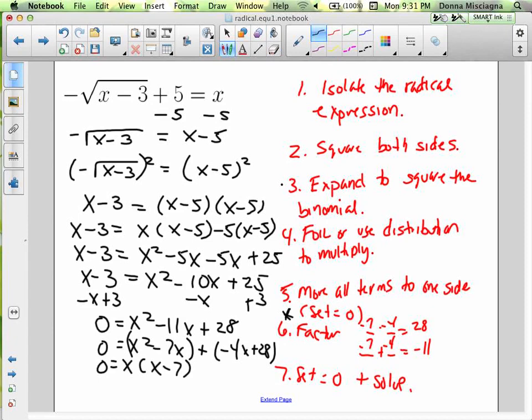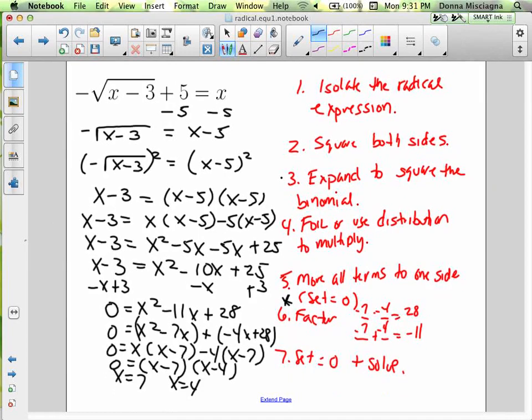Greatest common factor for the negative 4x and the 28 is negative 4. If we divide both those by negative 4, we'll have x minus 7. So what we factored out is 1, and then what we factored out is the other. So we have 0 equals x minus 7 times x minus 4, and if you set those both equal to 0, we have x equals 7, x equals 4.